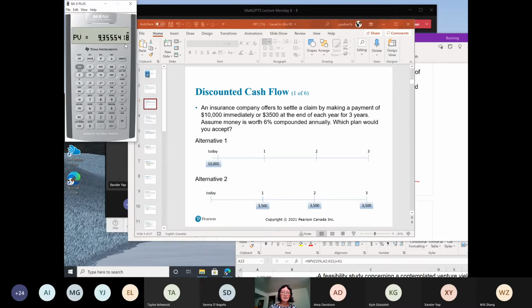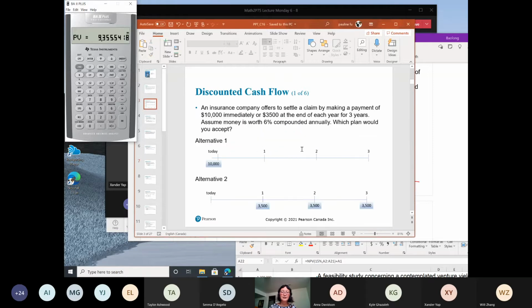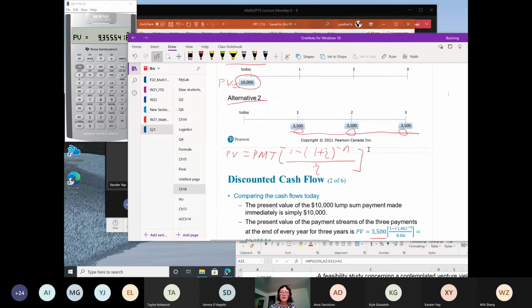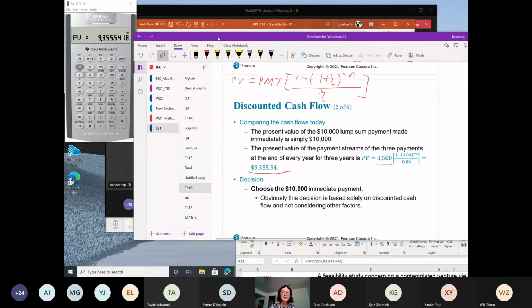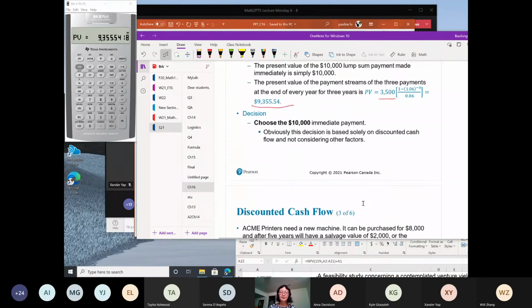So you get this number. Okay, agree with our formula method here. Okay, so that is the discounted cash flow. So our decision, final decision, we would choose 10,000 immediate payment. Okay.